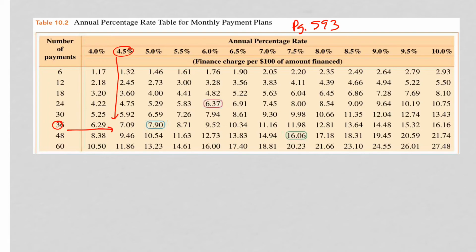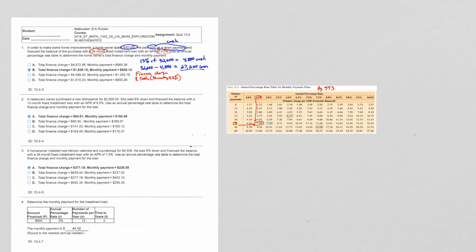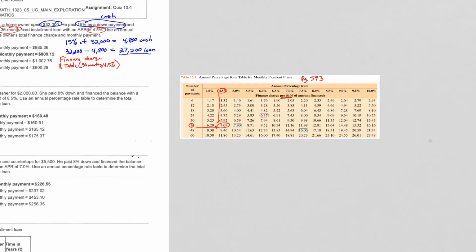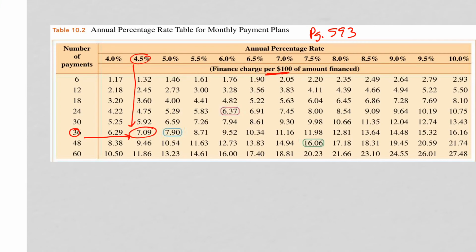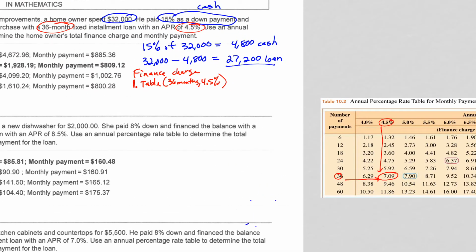And right there, $7.09 per 100. Okay, remember this is per 100. So that per 100 makes us do step 2. So when we go to step 1, we know that this is $7.09.